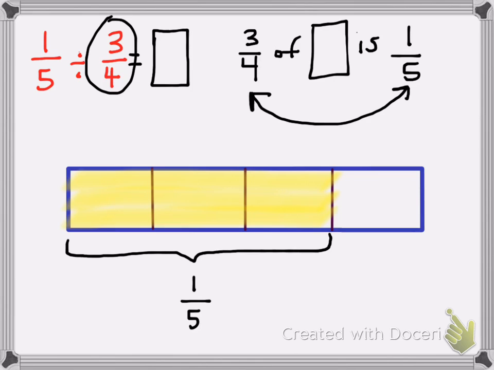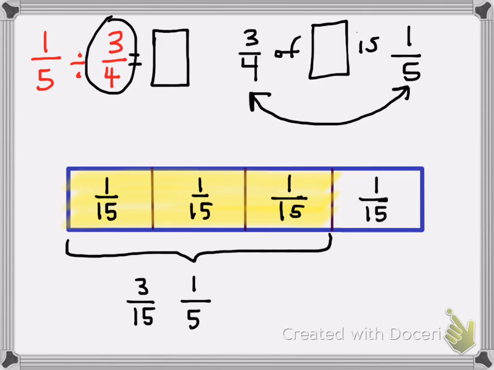So now I just need to take that 1/5 and divide it by 3. So I'm going to multiply by 3 to make this 3/15. So that means each one of these is going to be 1/15. That one's a 1/15. This one's a 1/15. And if I add them up, I get 3/15, which is the same as 1/5. So that means this last one's also a 1/15.